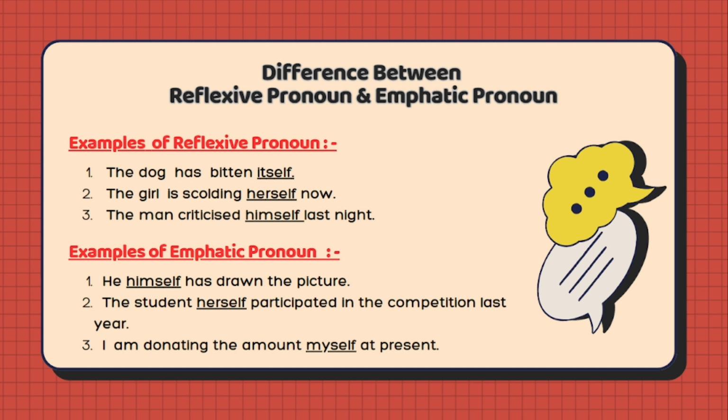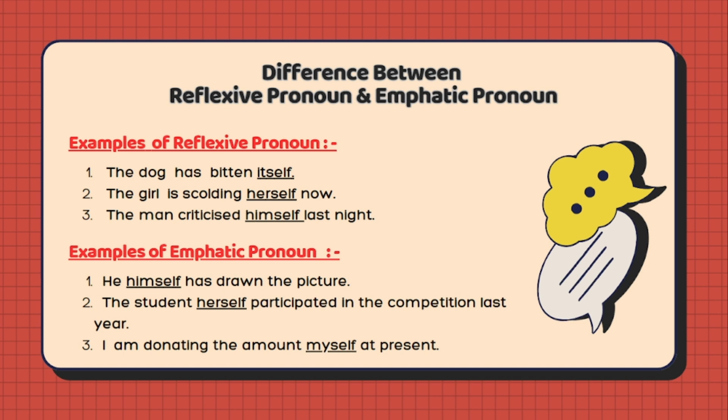Here the word himself, that is the self form, is written immediately after the subject he. So the first condition is fulfilled. Here the self form himself is written to give special importance to the action or to give an extra force about the action.